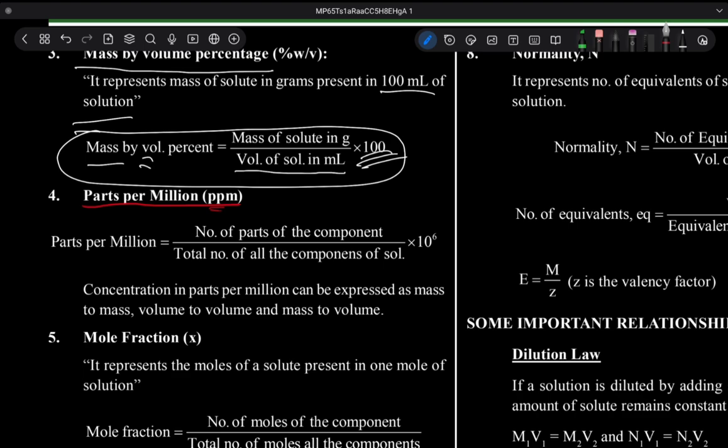So it tells you how many units of a substance are present for every 1 million units of the total solution, and its formula is parts per million, ppm, which is number of parts of the component divided by total number of all the components of solution into 10 to the power 6. Think of it like a percentage, but instead of multiplying by 100, you multiply by 1 million.